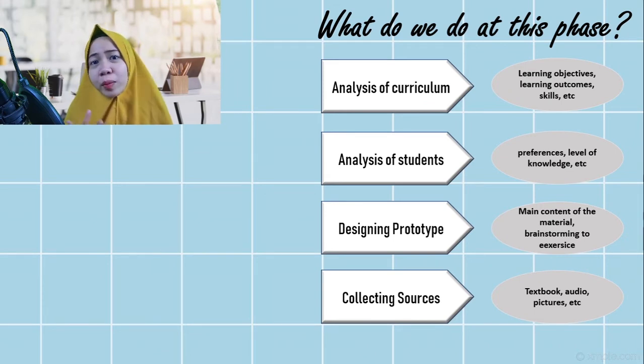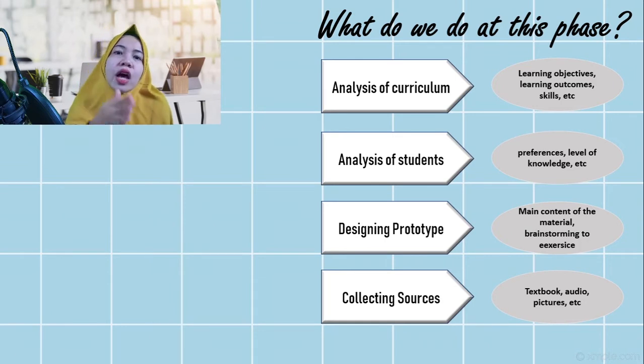The common information that you try to seek is the learning objectives and learning outcomes of the meeting or the current topic that you are going to develop materials for. For example, you want to take the first meeting of the syllabus, which is about introductions.